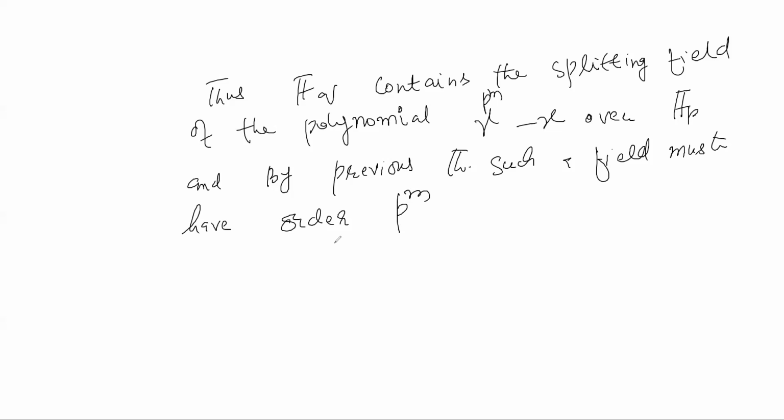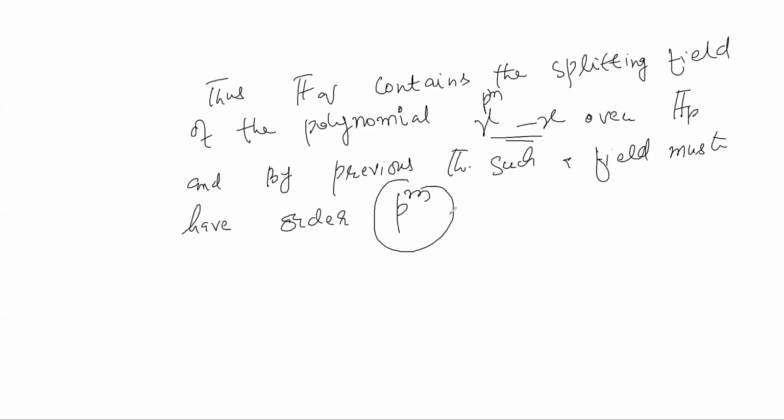Okay, so if m is a positive divisor of n, then you have a subfield of Fq, which is the splitting field of this polynomial and which has order p raised to power m. And splitting fields are unique, so there would be exactly one such field.